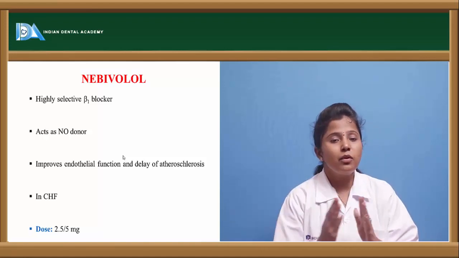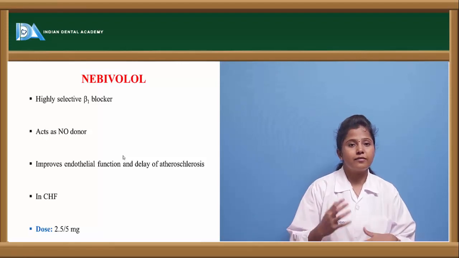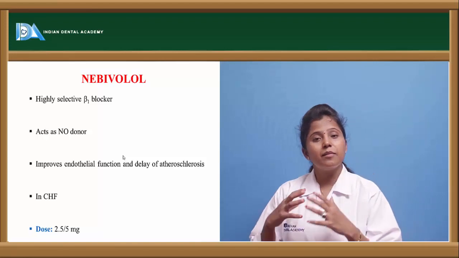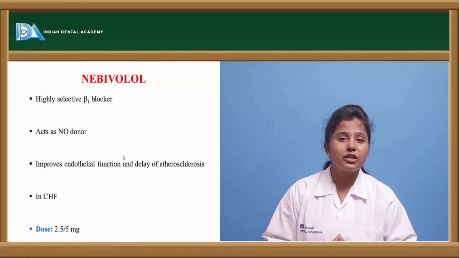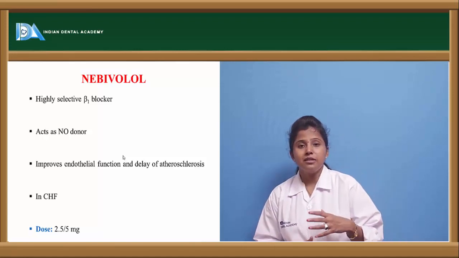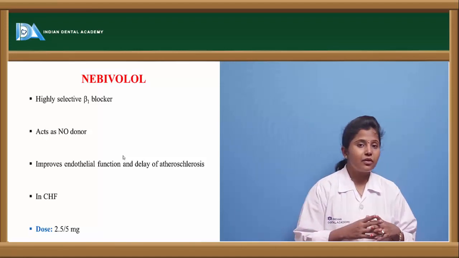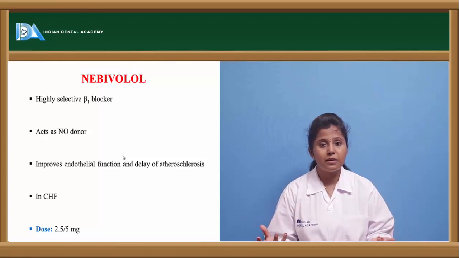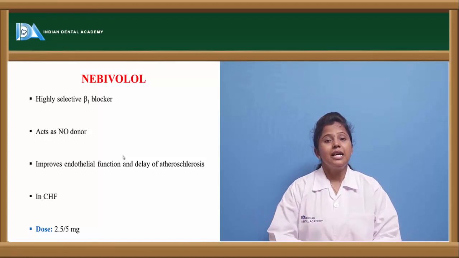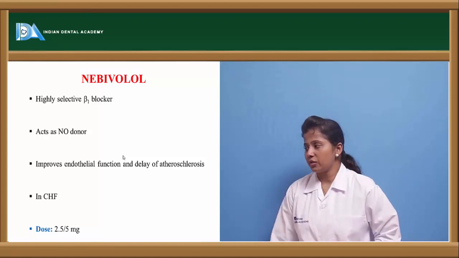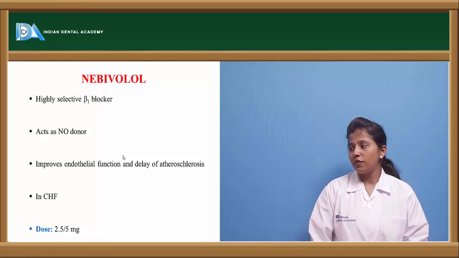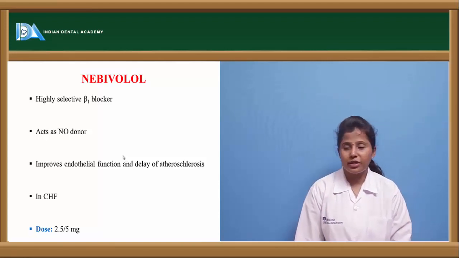Because of the increased nitric oxide present in the cell, it causes vasodilation of the endothelium muscle, and thereby it exerts its actions, and that is the reason it shows a delayed effect of atherosclerosis. It is recommended in congestive heart failure in a dose of about 2.5 to 5 mg.